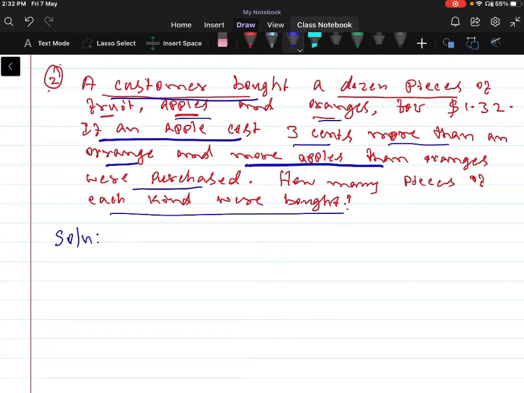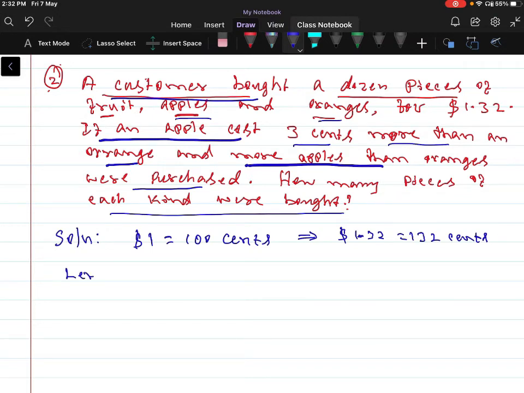So we'll take a solution. $1 is equal to 100 cents. So this implies $1.32 is equal to 132 cents.